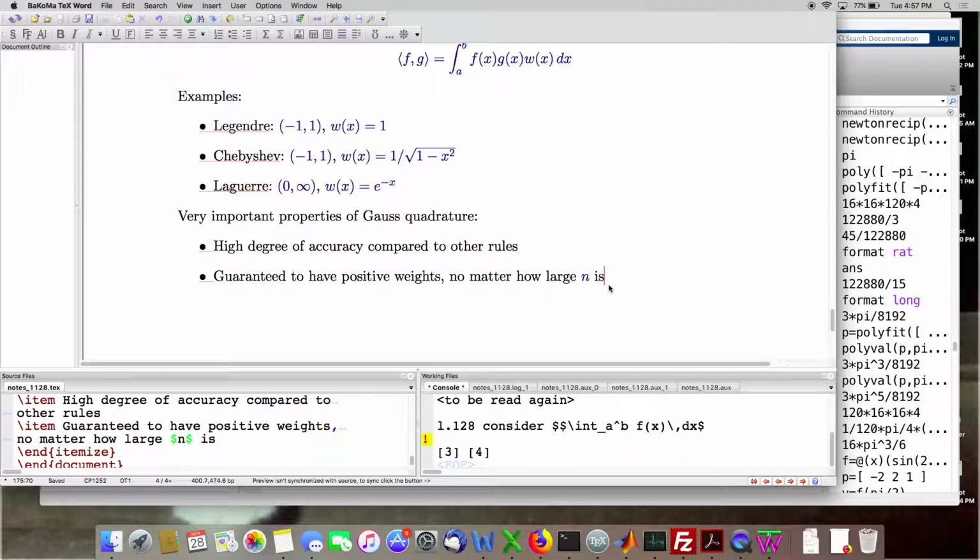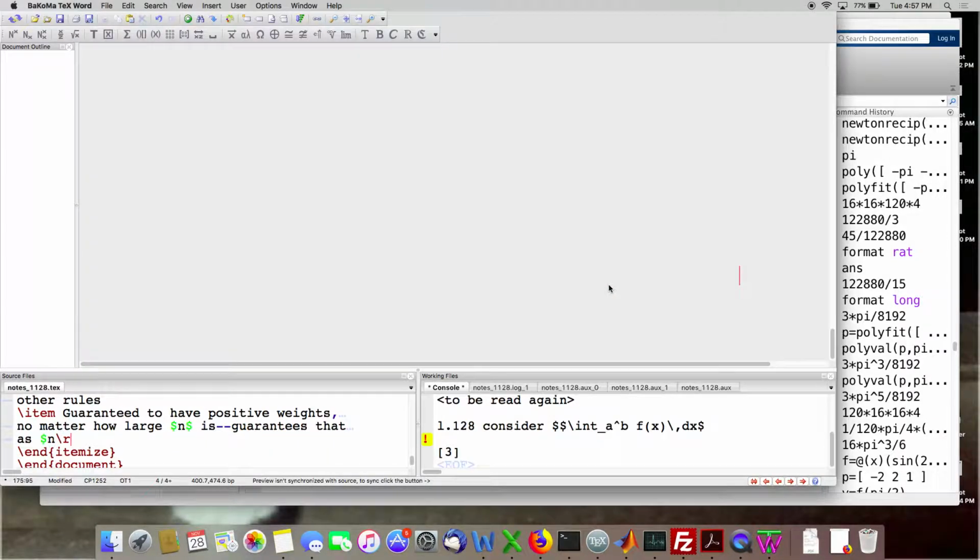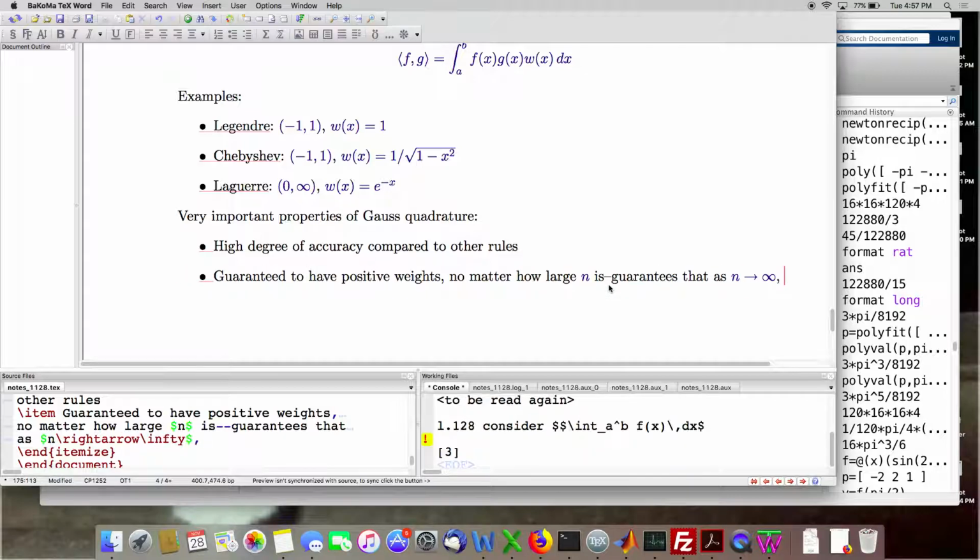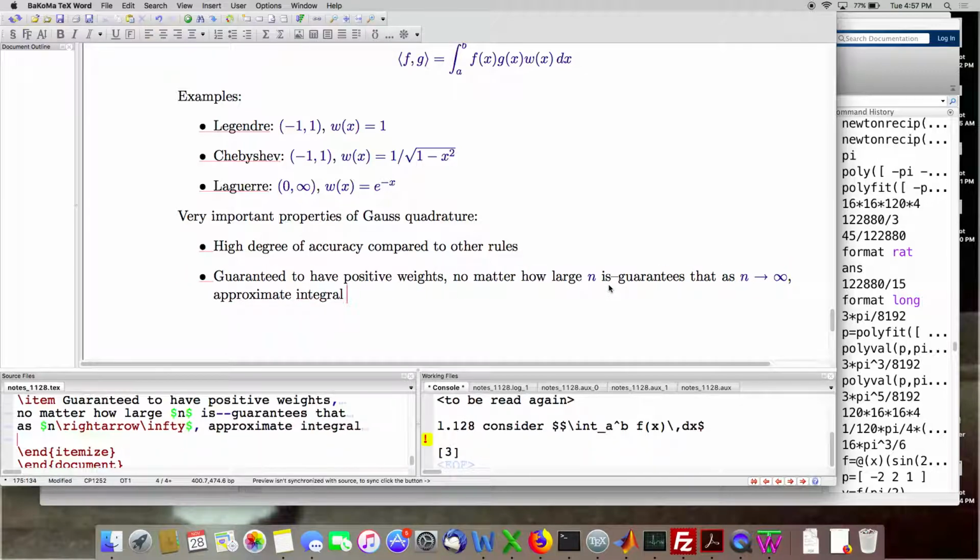I'm not sure why one would want to do that, but they did. No matter how many, you're always going to have positive weights, and that's very important. That guarantees that as n goes to infinity, the approximate integral converges to the exact integral. That's something you don't have with Newton-Cotes rules, which won't converge because of the negative weights.